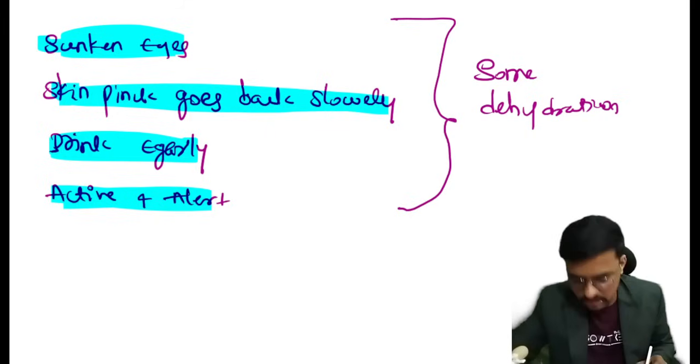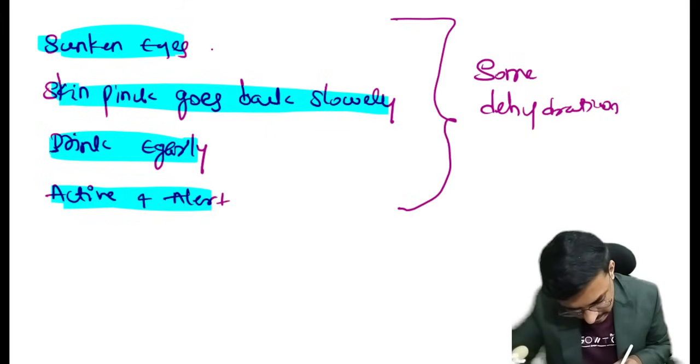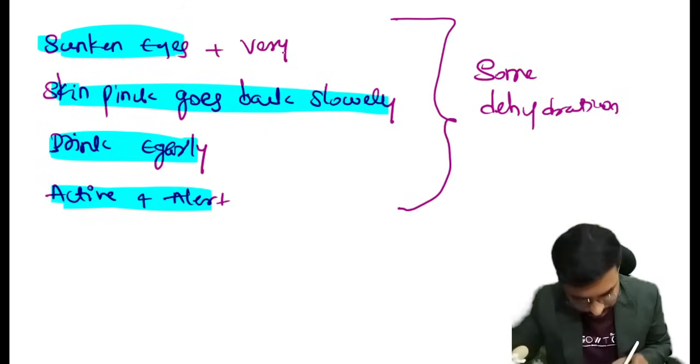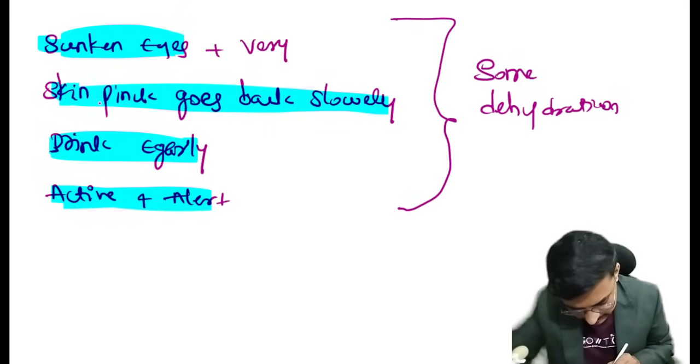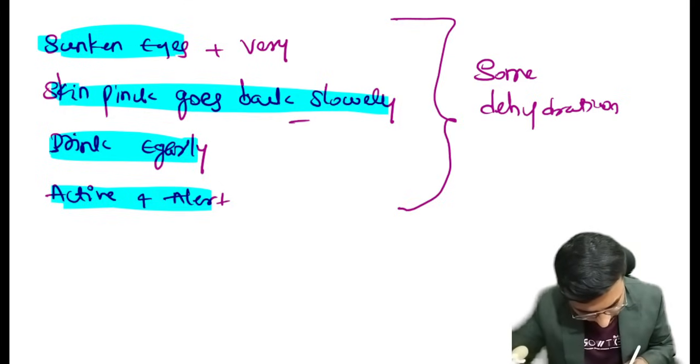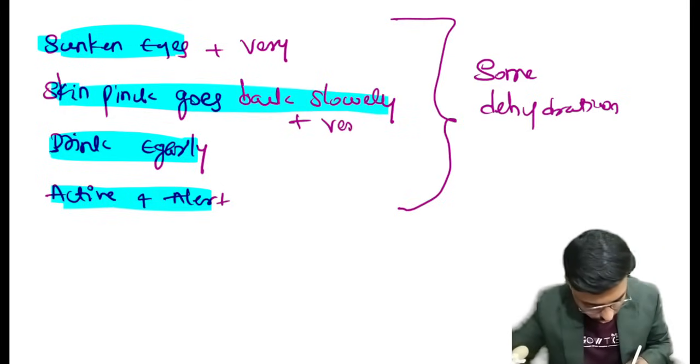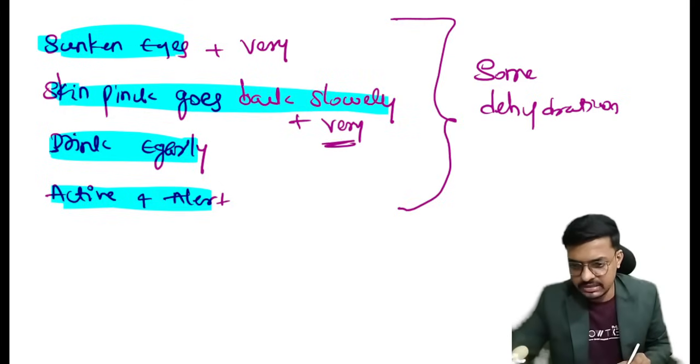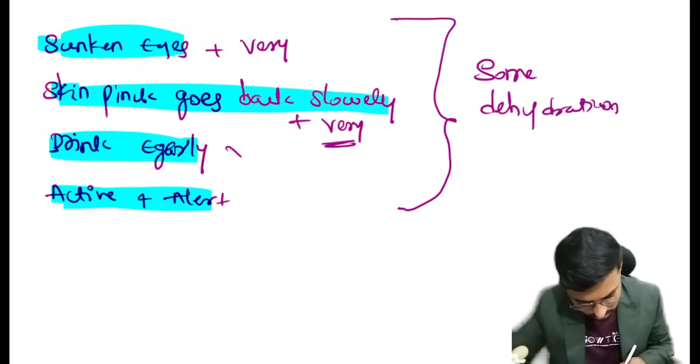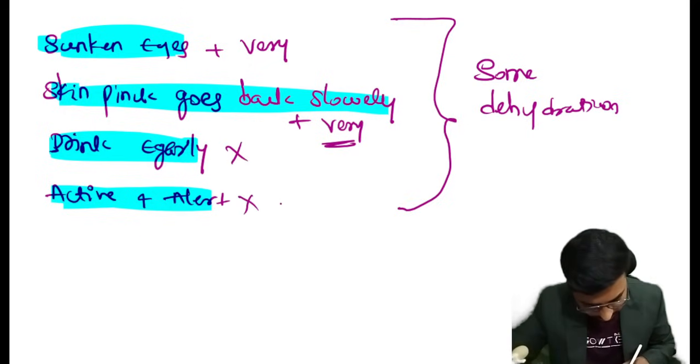Very important. Now in this, I am adding very sunken eyes. Skin pinch goes back very slowly. And instead of drinks eagerly, it is unable to drink. And instead of active and alert, I will write lethargic or unconscious.